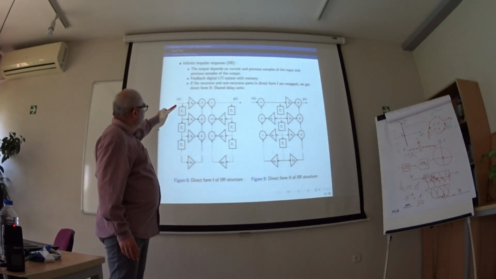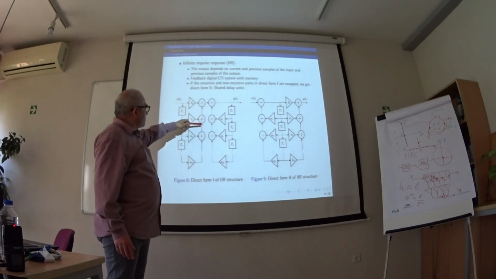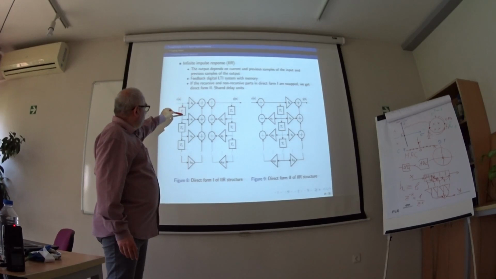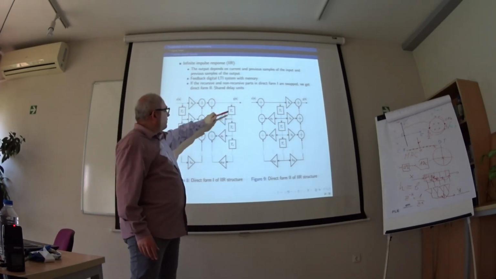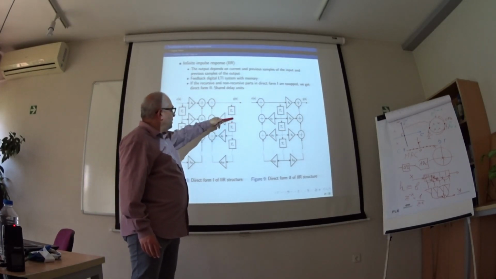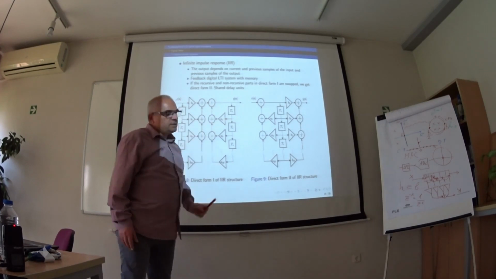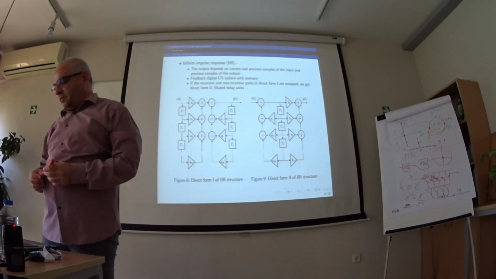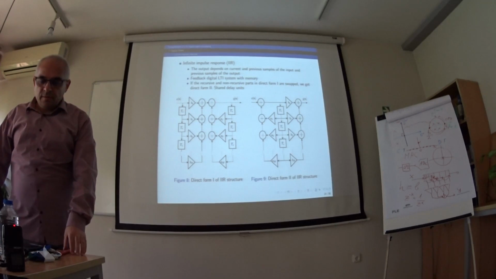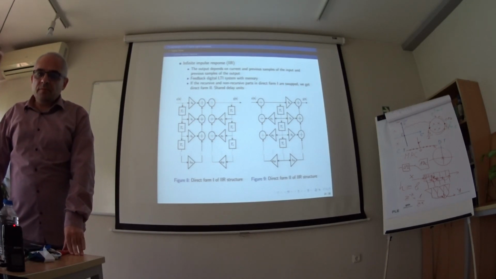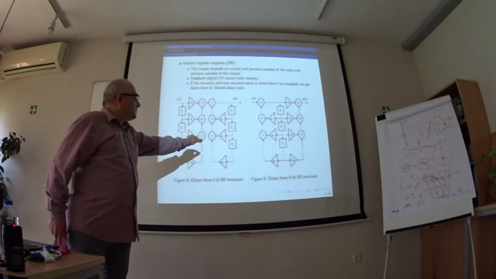We have an input signal here and a delay line. We have an output signal and a delay line. We involve feedback. And what is the idea of such feedback? We can make a desirable magnitude response with very few taps when we use this feedback.